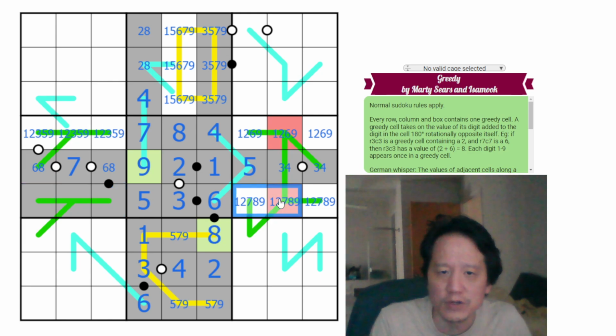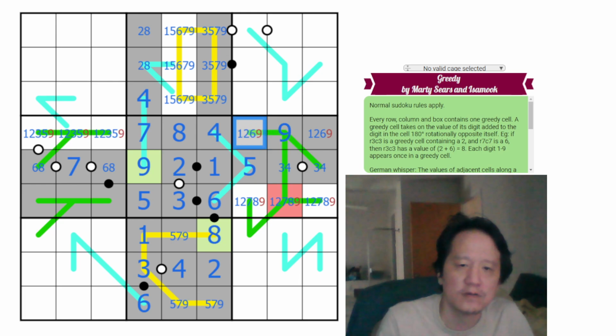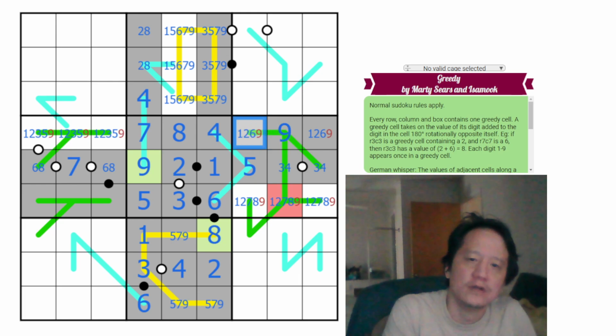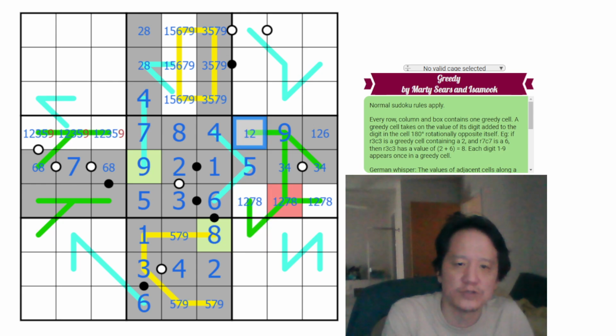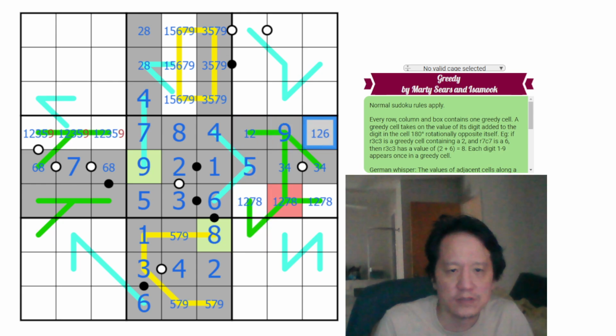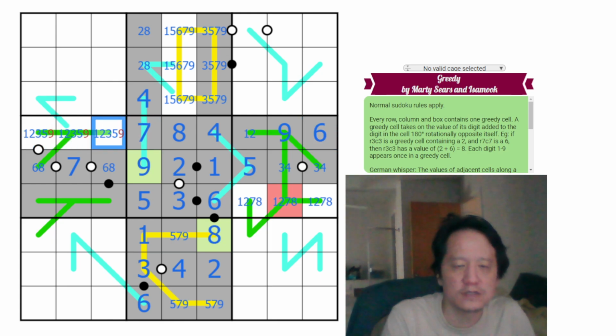So none of these are greedy, which means this has to be a high number by itself, which means this is 9. And it cannot be 6 here. This could be 6 here. Oh, so this has to be 6. So we know that's 6.